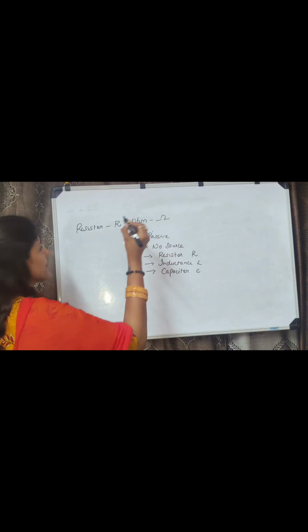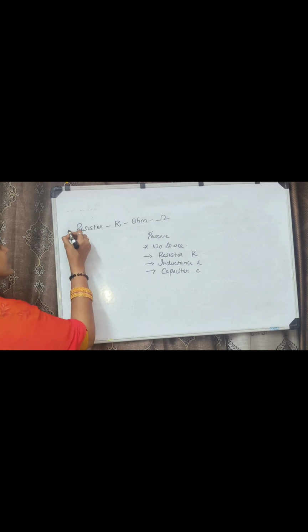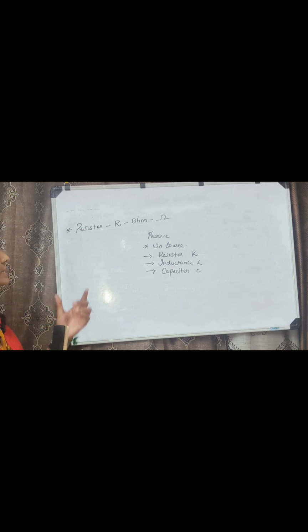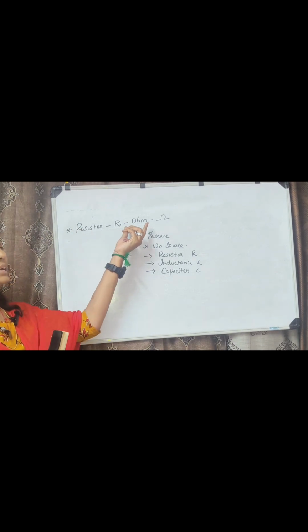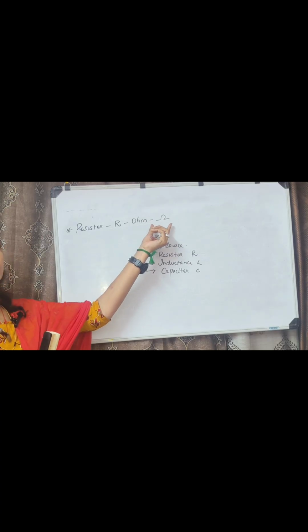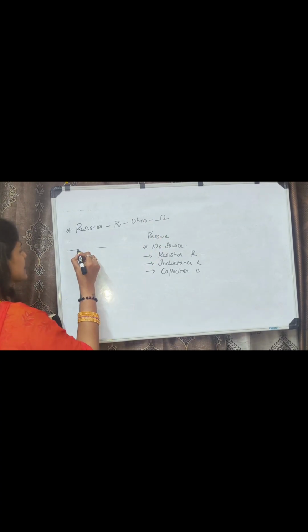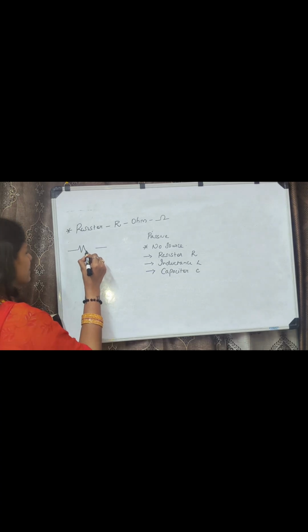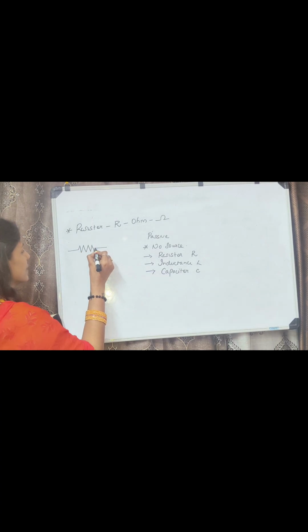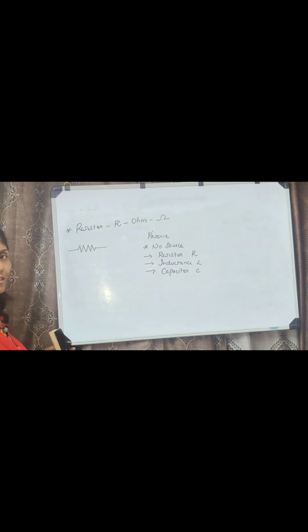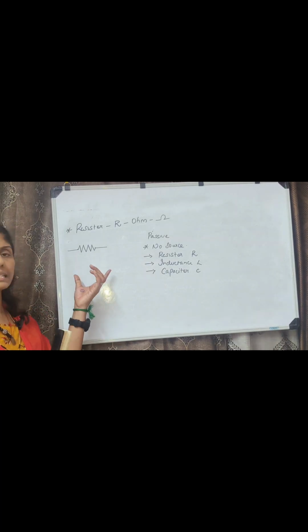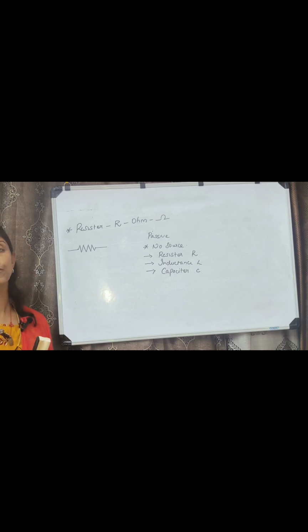This is the symbolic representation, the symbol for ohm. This is the symbol for the resistor. The resistor resists the flow of current.